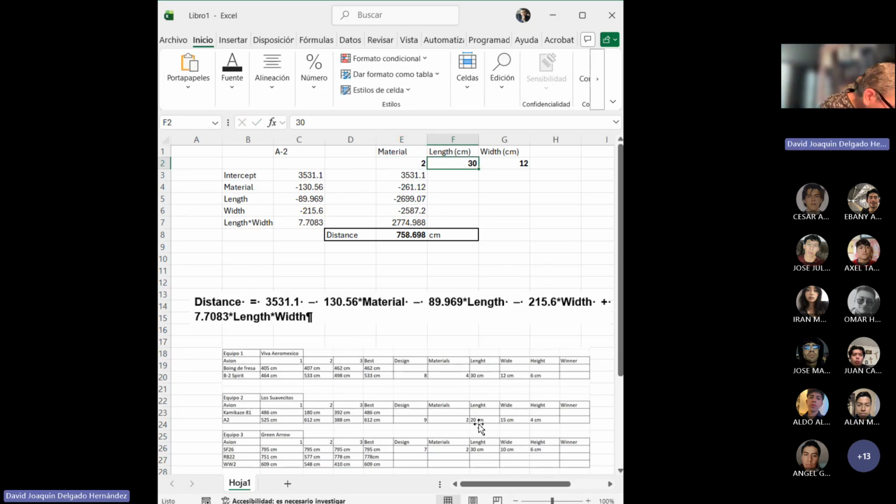Then the length is 20 centimeters, so I should put here 20. And the width is 15, okay? 15. So the predicted distance is 549 centimeters.